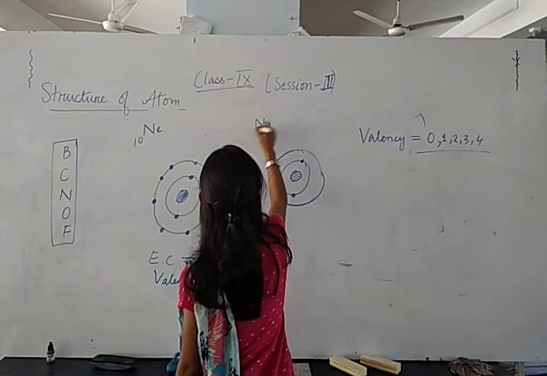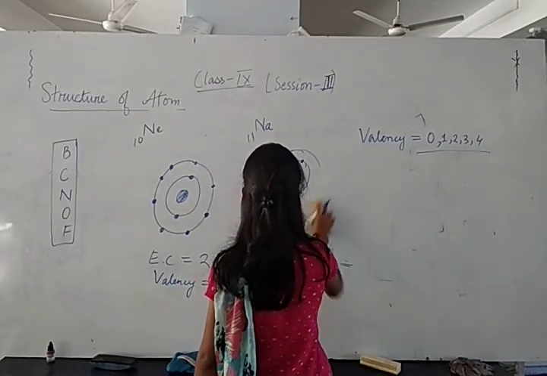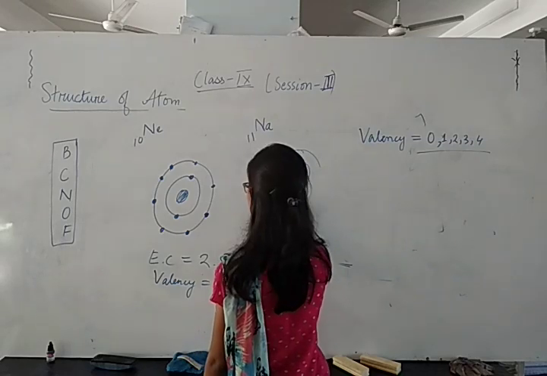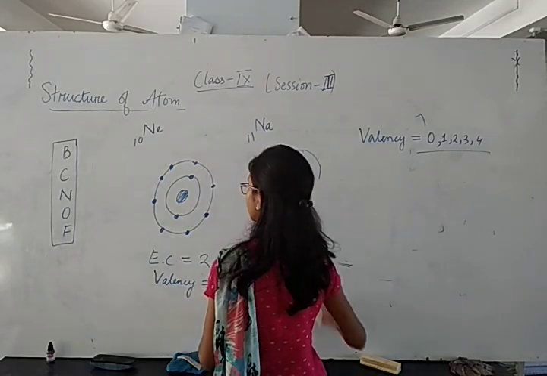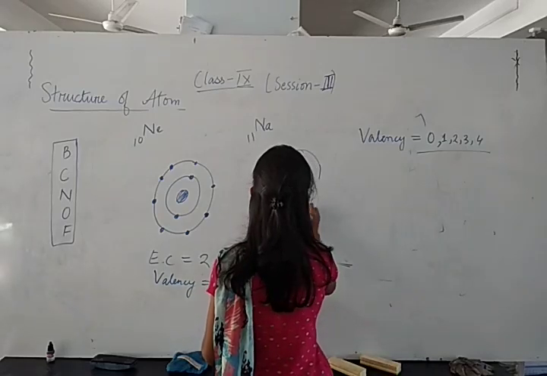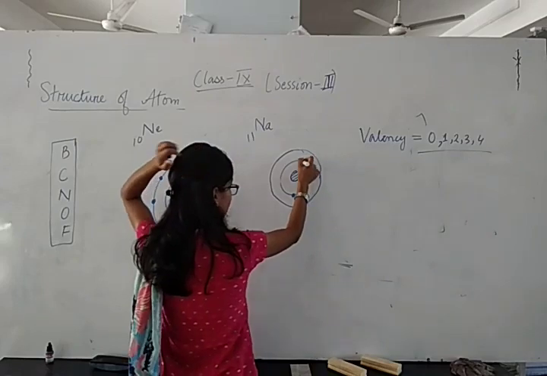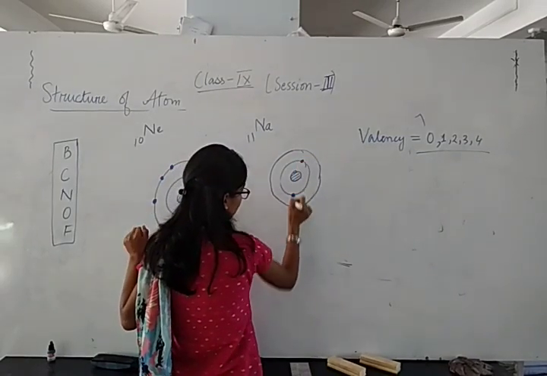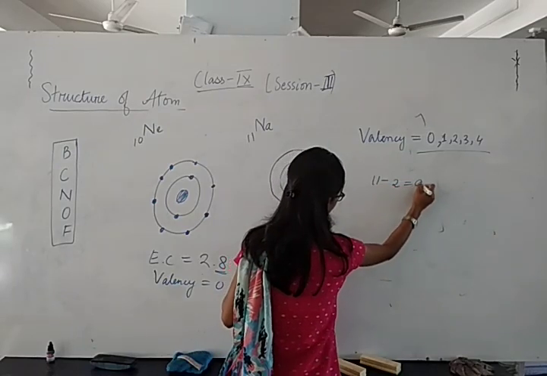Sodium, atomic number 11. Two electrons are accommodated in the K cell. Then 11 minus 2 is equal to 9.